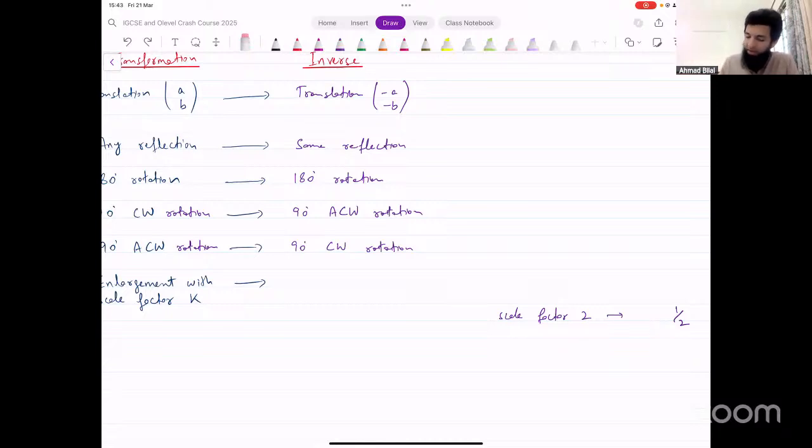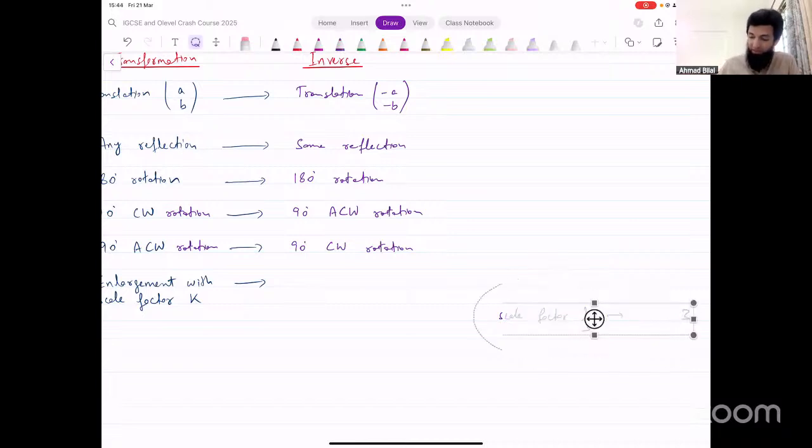If the scale factor originally was 4, then the inverse of that would be 1/4, right? If the scale factor originally was 1/3, then the inverse of that would be 3. So you just take the reciprocal of that, and that will give you the inverse enlargement scale factor.